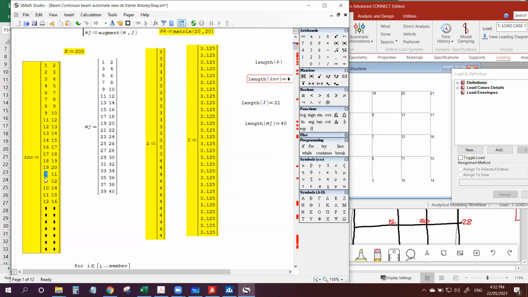This becomes 2, 7, 3, 8, 4, 9, then 5, 10.